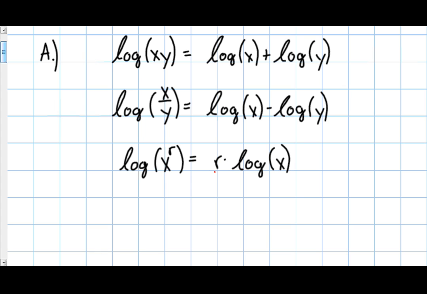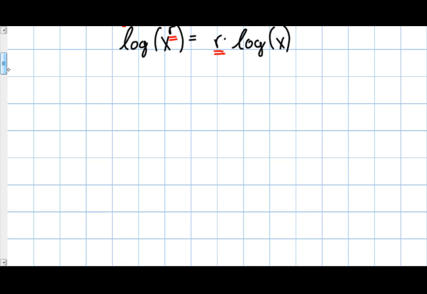So again, just to reiterate, this r used to be up there, but I can bring it out front, so now I no longer have an exponent. That right there is really the cornerstone of what's going to allow us to be able to solve for x when it's an exponent, is that the logarithms allow us to take that exponent and move it to the front.